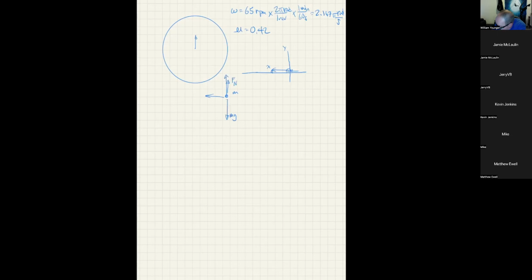So we're going to imagine the friction as pointing this way. And that friction is going to be mu times Fn.